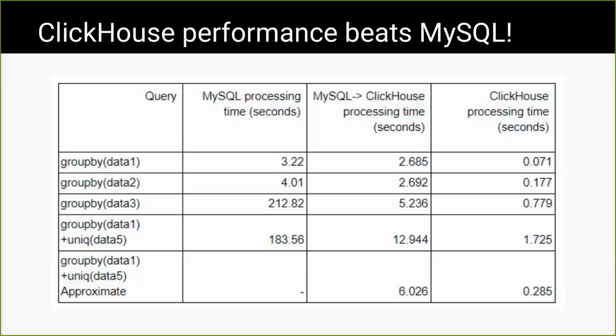The reason is that ClickHouse, even when it's accessing MySQL data, accesses it in parallel. The same types of parallel query using multiple threads that we use with ClickHouse on native data, for example in MergeTree, are used on MySQL. So in effect you have parallel query on your MySQL data. This is really interesting.